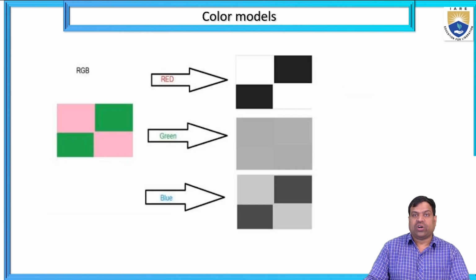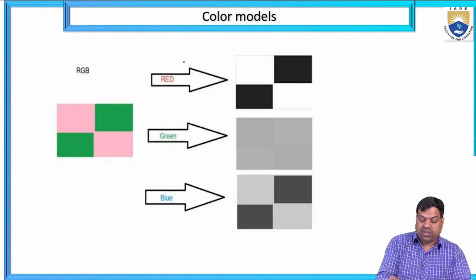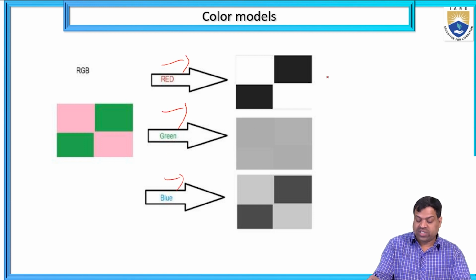Here is one example of RGB. I'm taking the red, green and blue matrices and converting them to grayscale, which gives white and black combinations.